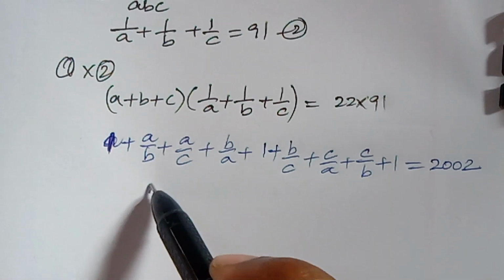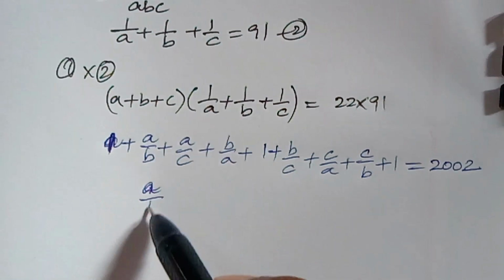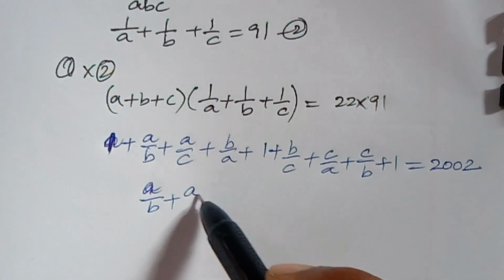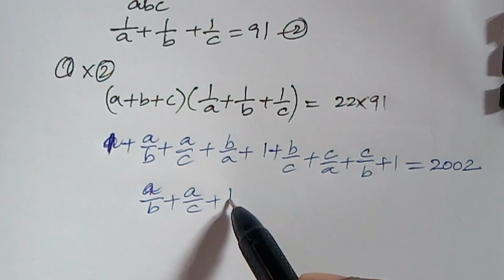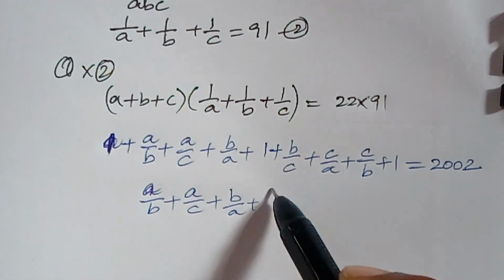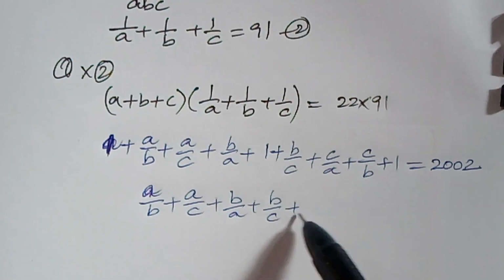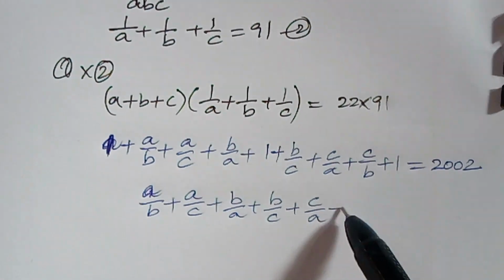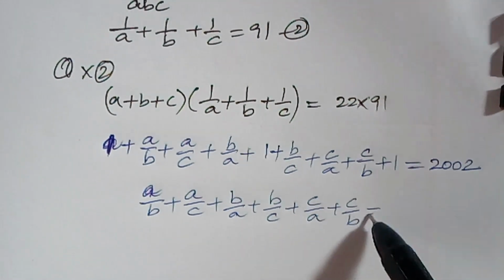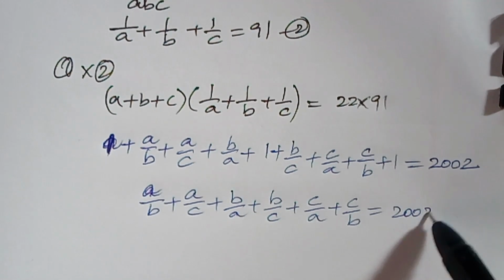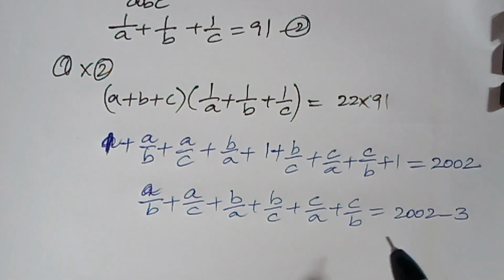So here a by b plus a by c plus b by a plus b by c plus c by a plus c by b is equal to 2002 minus 3.